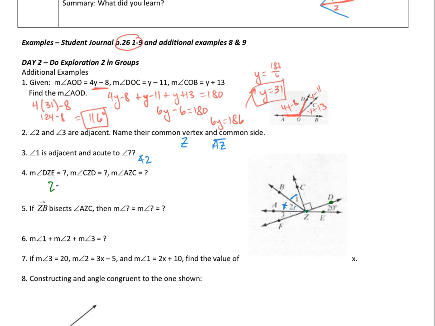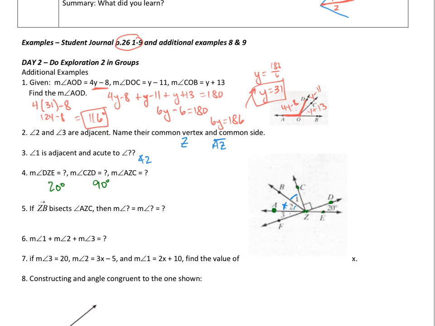Well, that's 20 degrees. Angle MZ or CZD, that's 90 degrees.